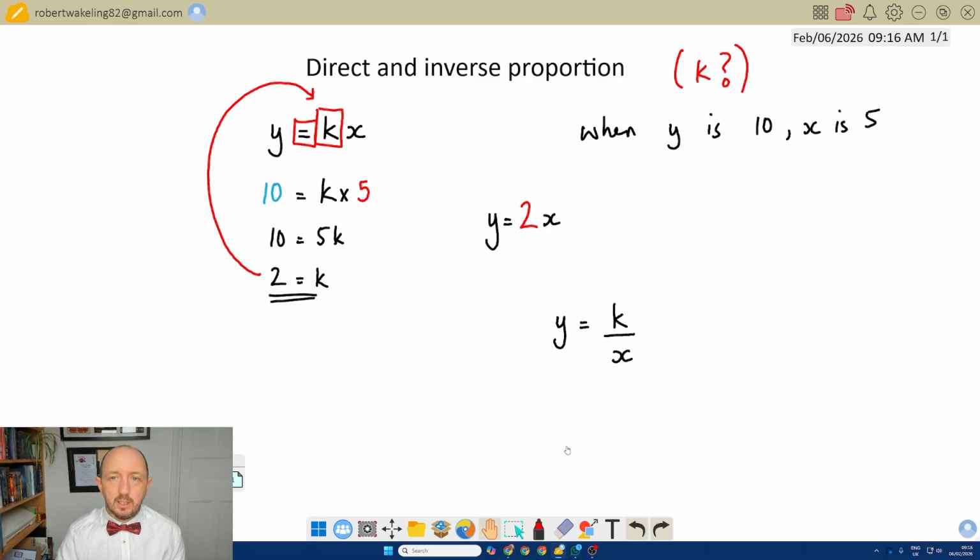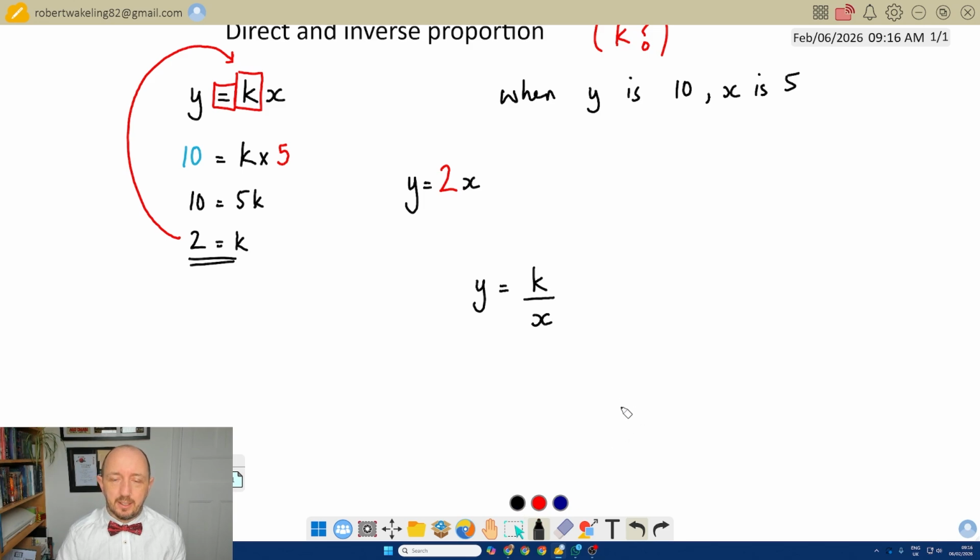Okay, so if we have something like y is inversely proportional to the square of x, then we need some information. So y equals 2 when x is 5. Okay, so exactly the same format.